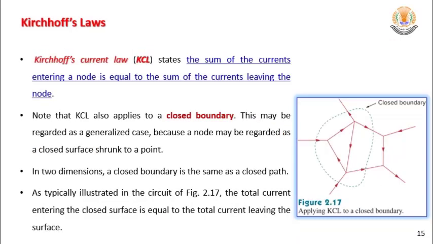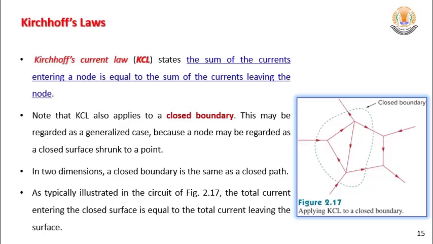Kirchhoff's voltage law, and also KCL. Let's continue with KCL first. As I told you, KCL can be applied at a node or part of the circuit, but you should draw like a closed path around this part. Can you consider it as a node?